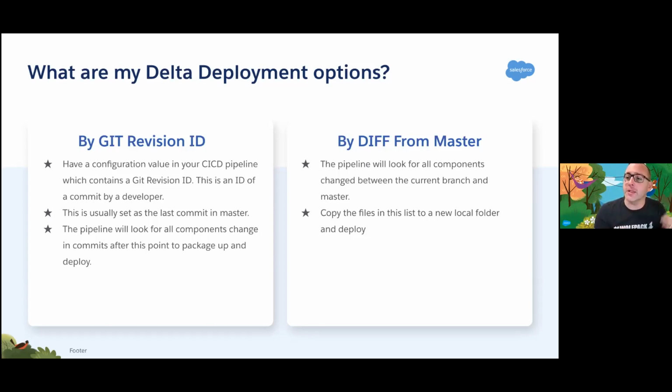That simply means, what have I changed in my feature branch that is different from production, different from master? All those changes, we're going to get that file list and bundle up that change. We're going to be showcasing the different master today. There's no one right solution.